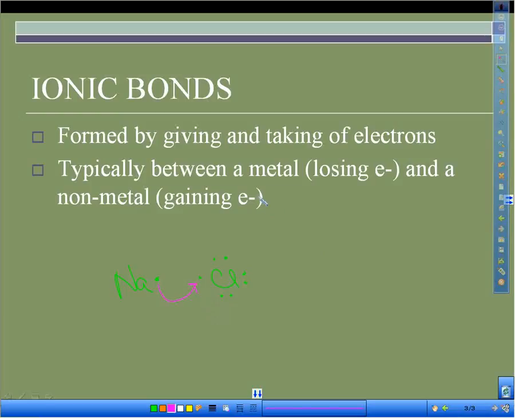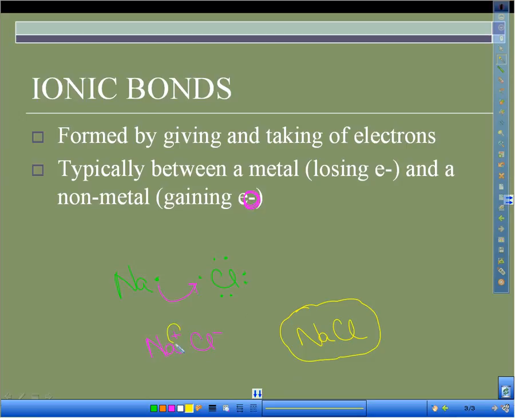Now, remember that electrons have that negative charge. So if we're gaining and losing electrons, we're also gaining and losing charge. So when sodium gives its electron to chlorine, that means I now have sodium left with a positive charge. Chlorine takes that electron, so I now have chlorine with a negative charge, and I have the ionic compound sodium chloride, otherwise known as salt.